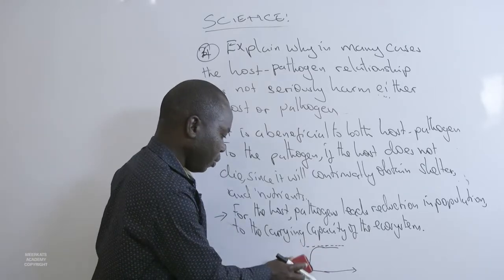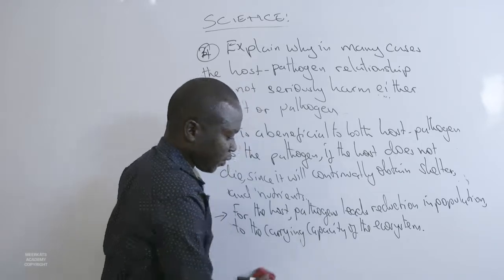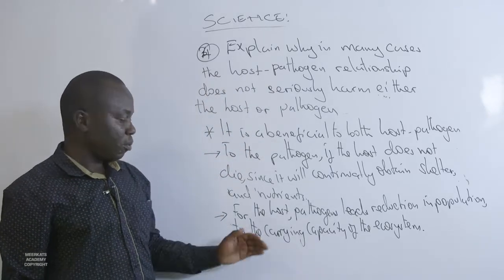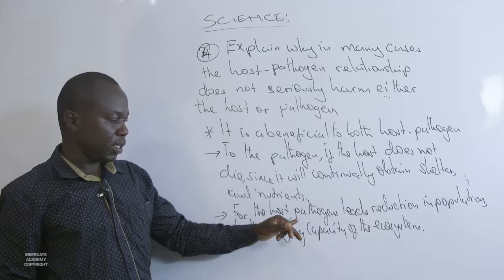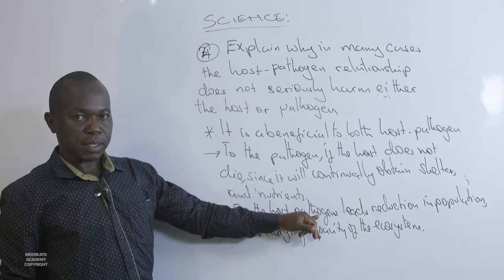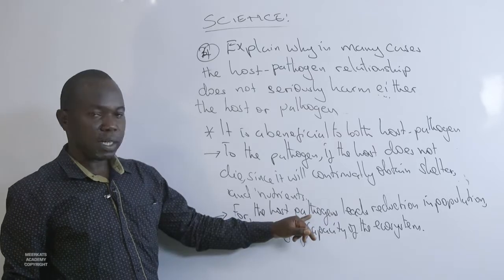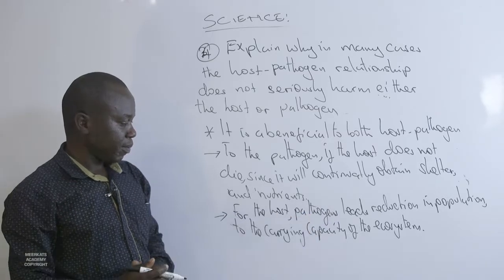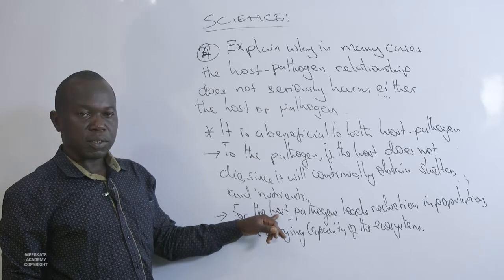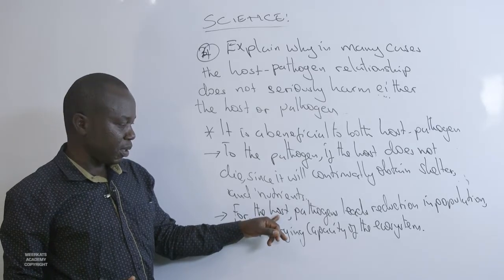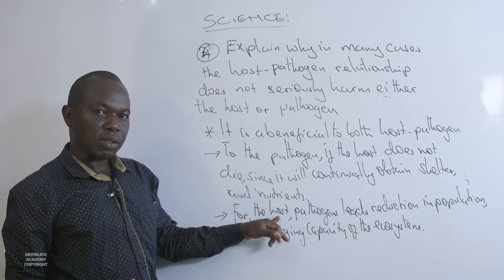Now, the other way in which the host benefits: most of the time the host is invaded with a pathogen, but it's not a must that the host must die because of the pathogen. So how will the host now benefit from this? We have what you call the immune system.